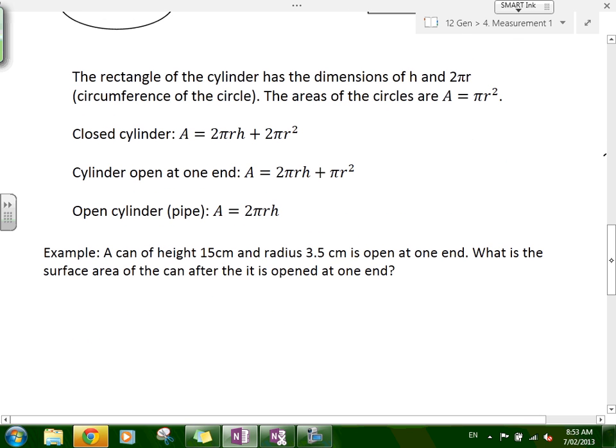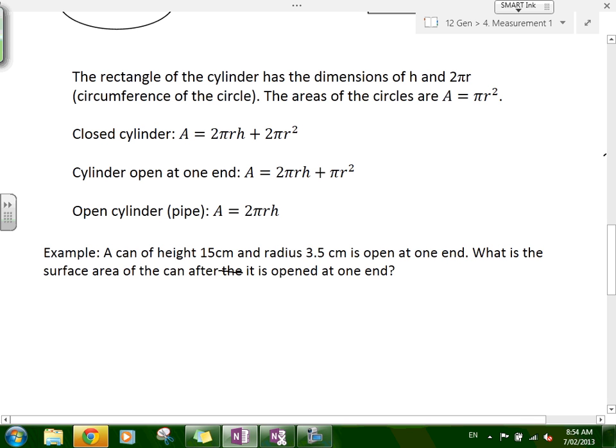Okay, is it clear? Think about unrolling a can, if you like, or unrolling the cylinder, and how you get the dimensions of the size. So, example: a can of height 15 centimeters and radius 3.5 centimeters is open at one end. What is the surface area of the can?